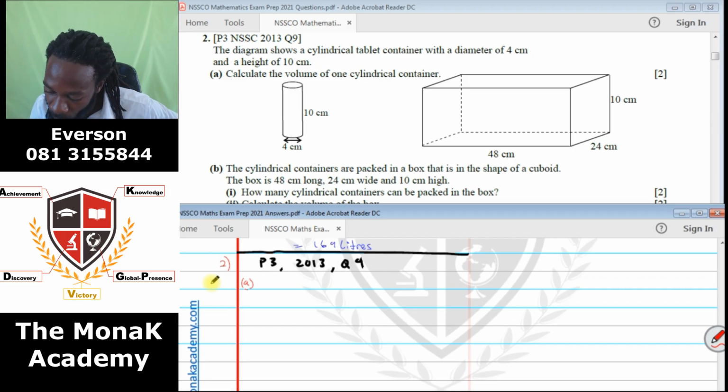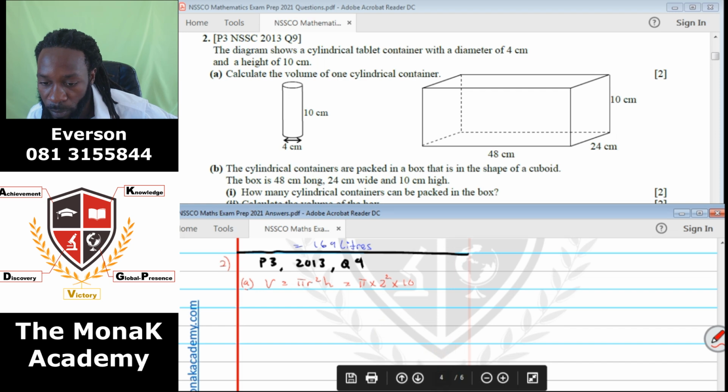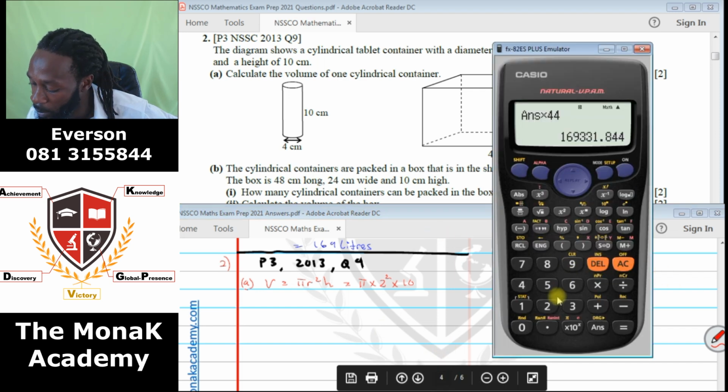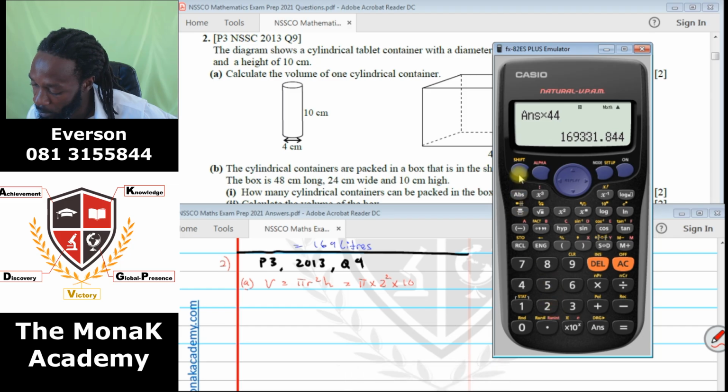Alright, so we know that it has a diameter of 4. We know volume of a cylinder is pi r squared times height. Our pi times our radius is 2 squared times our height is 10. There's nothing fancy about that. Pi times 2 squared times 10 gives 125.66.